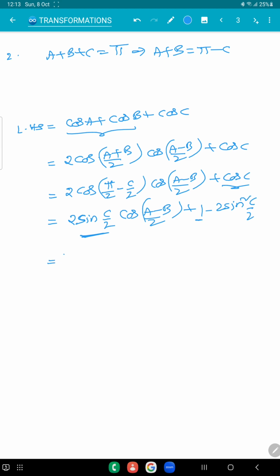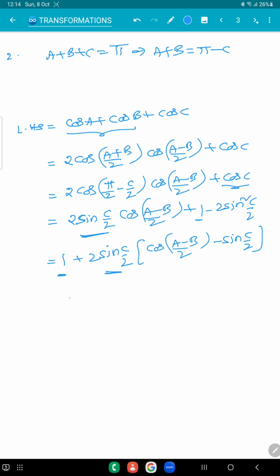1 is there, 1 can be written here, and we can bring 2 sin C by 2 common. What is that? Cos (A minus B) by 2 minus sin C by 2. Be careful about that. In the right hand side we should get the required value. We have 1 plus, and also we have the sin C by 2 term.